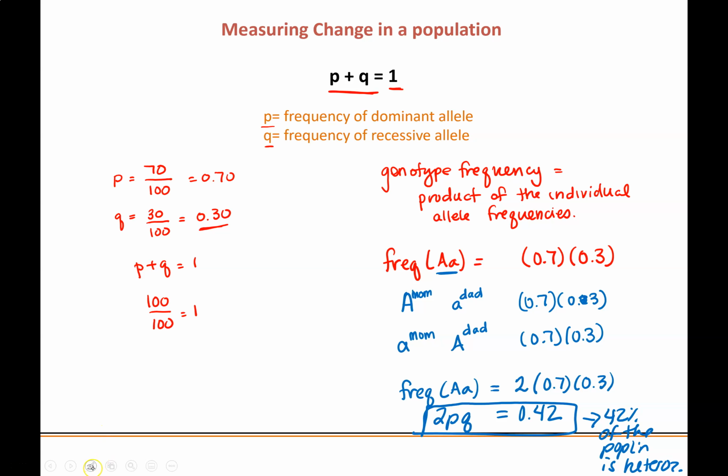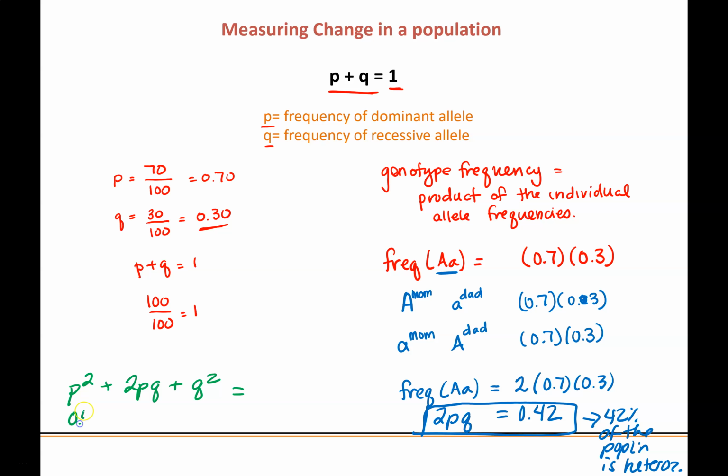So remember that these are all frequencies. A frequency is going to add up to 1. So if we take all of the individuals in a population, P squared plus 2PQ plus Q squared, that accounts for everybody, both the homozygous and the heterozygous individuals.